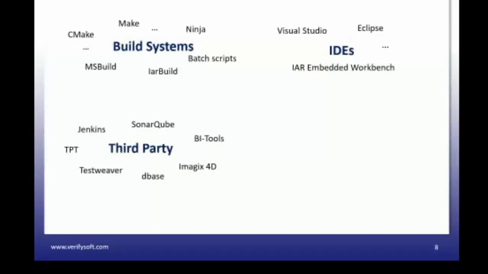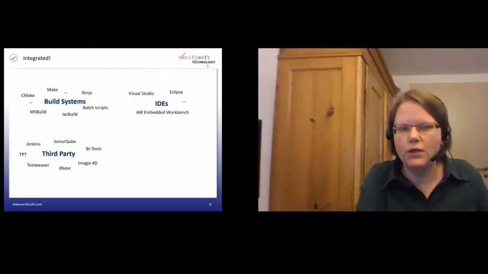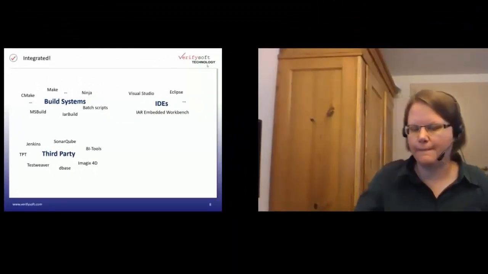There's an integration from our side or an integration from the tool vendor side, and it works smoothly together. And you can have either with Jenkins, for example, the automation of the build process. In this case, CTC integrates into the process of Jenkins. And in other cases, like for SonarQube, you can make the coverage reports available in SonarQube.